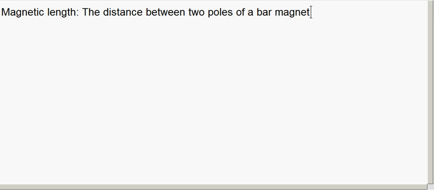As in the previous figure I showed it by 2L. The distance between the two poles of a bar magnet is known as magnetic length. It is denoted by 2L.